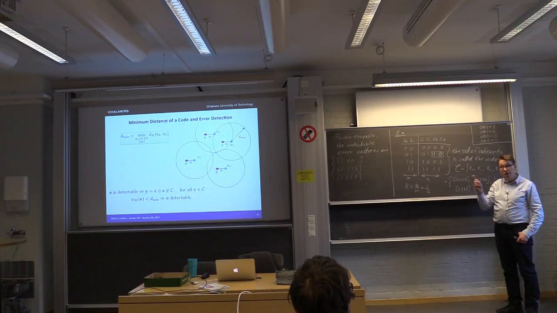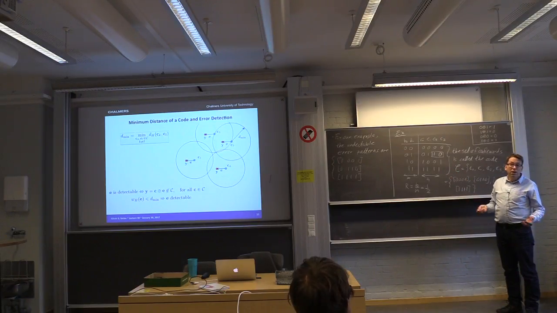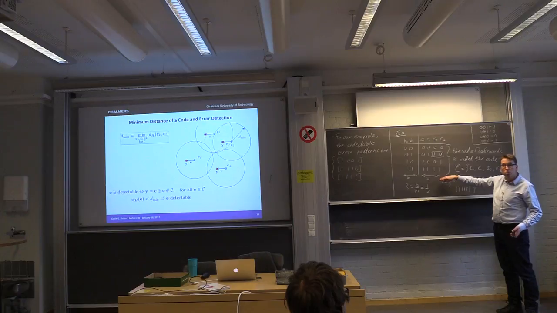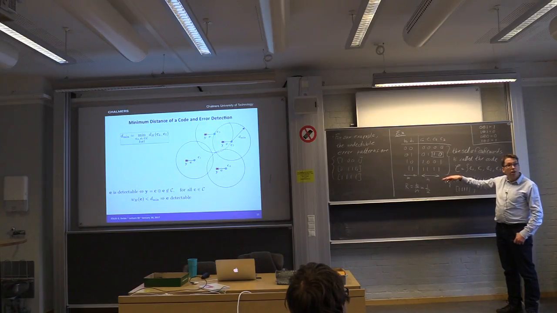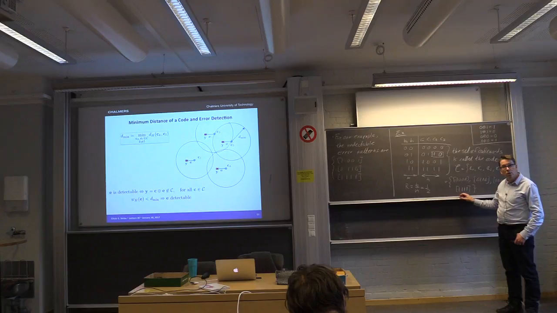Because they have Hamming weight 1, which is less than the minimum distance for this code. Okay, so by looking at the code words and figuring out the minimum distance, we can already say something about what patterns are guaranteed to be detectable or not.